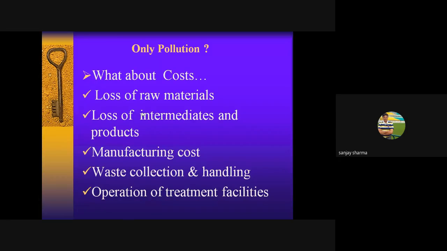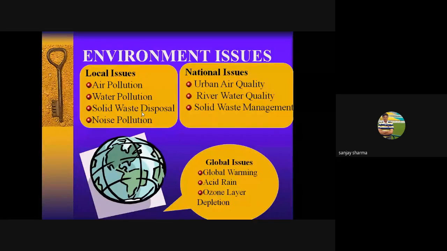We have already discussed these things. For all these pollution control measures, some money has to be spent. And I think this is one thing: whatever the local issues are, they are reflected at the national level also, and at the global level also.